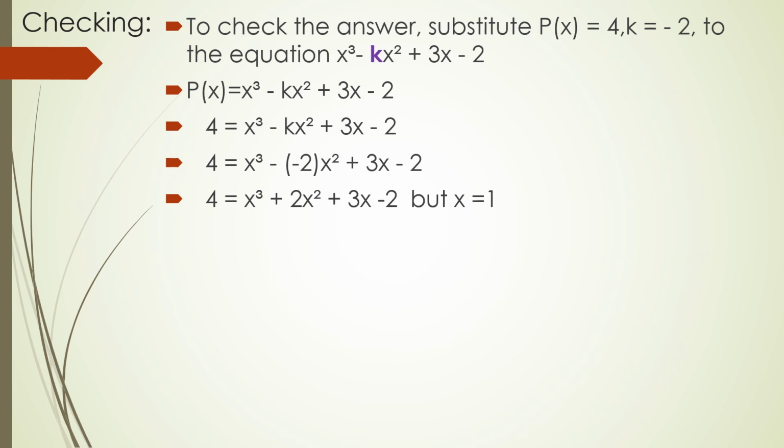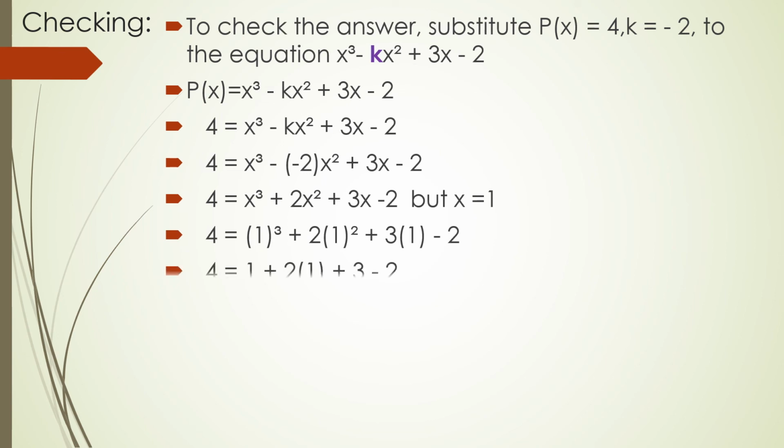But we know that x is equal to 1. So, we will substitute all x by 1. So, it becomes 4 is equal to 1 cubed plus 2 times 1 squared plus 3 times 1 minus 2. Okay, so simplifying, we have 4 is equal to 1 plus 2 plus 3 minus 2. 4 equals 6 minus 2.